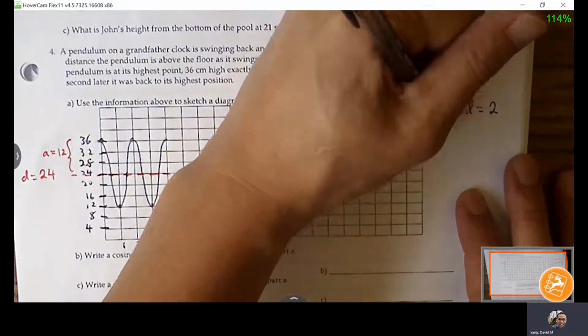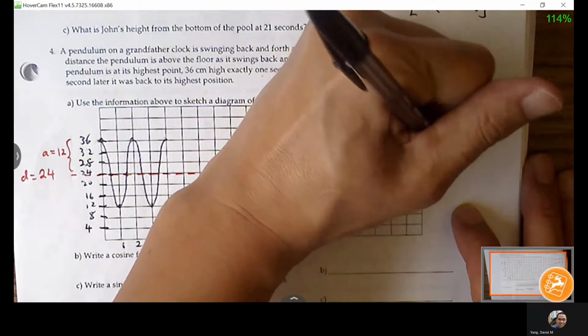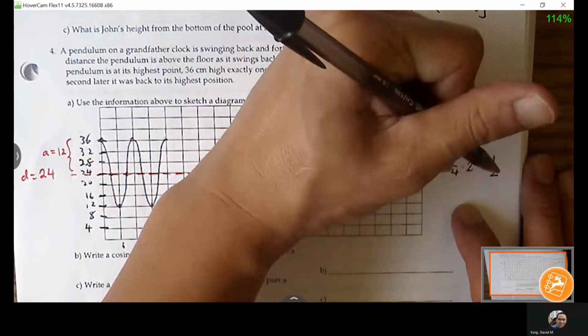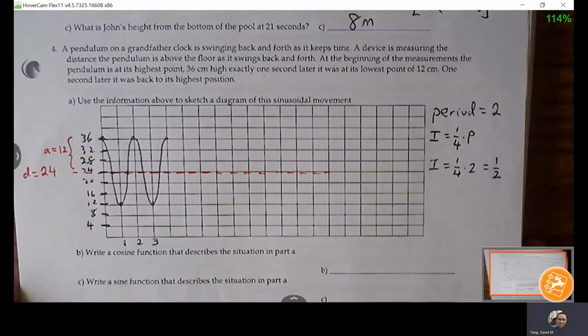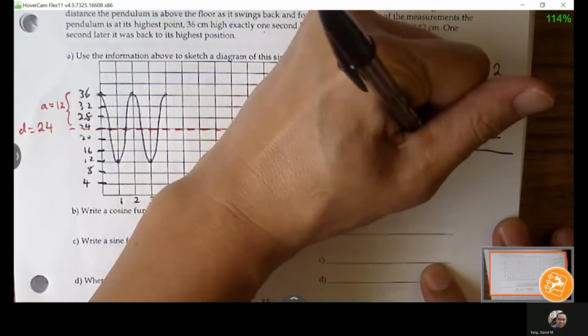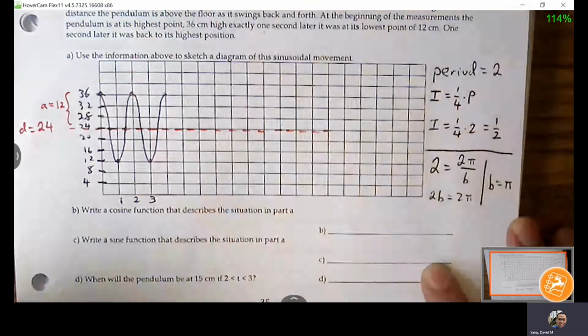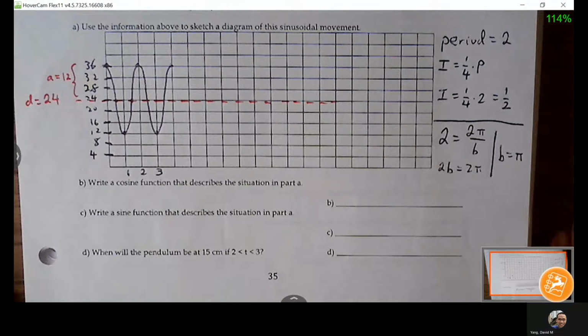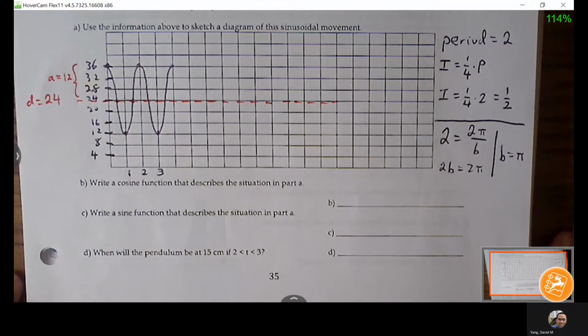So I'm going to find that information as well. Okay, cosine function is easier, don't have to worry about a shift.